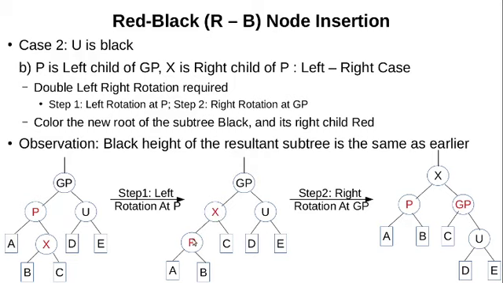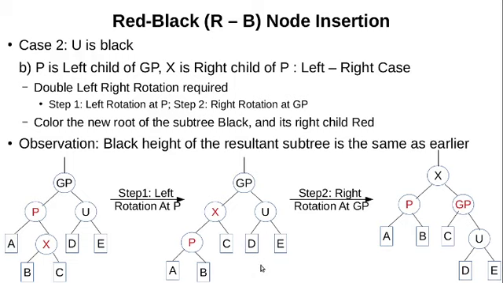Note that this rearrangement does not violate the binary search tree property as the value of P is less than the value of X. Now we need to adjust B, that is the left subtree of X. The value of B nodes are less than X and greater than P as per the BST property. So they can be attached on the right of P without violating the binary search tree property. The resultant tree is shown in the middle.